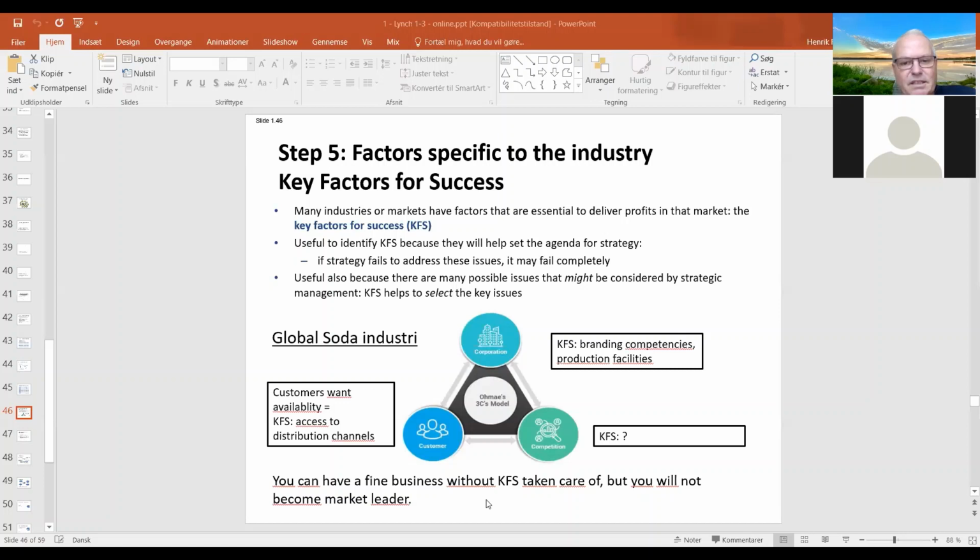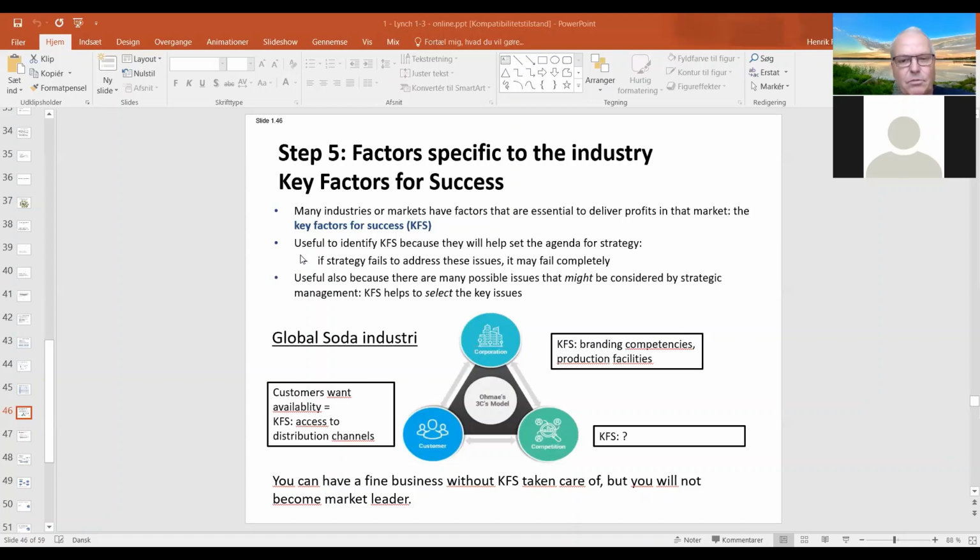So it's not necessarily necessary that you have taken care of key factors for success. But if you want to become the leader within that industry, you certainly need to investigate what the key factors for success are and then make sure that you can take care of it. So that's also why it says here that it's very useful to identify key factors for success, because they will help us to set the strategy.